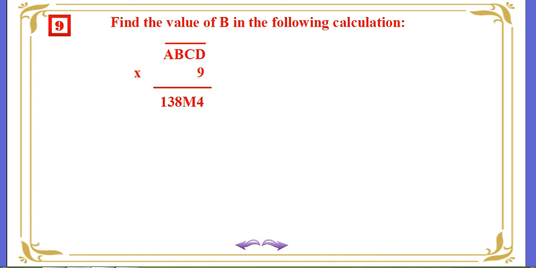Find the value of m in the following calculation. ABCD multiplied by 9 and the result is 1, 3, 8, m, 4. We have 1, 3, 8, m, 4 divisible by 9. So the sum of its digits is also divisible by 9.